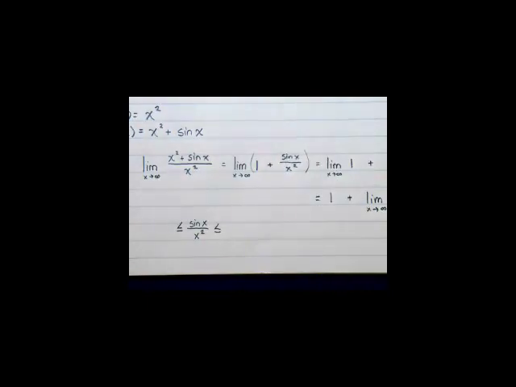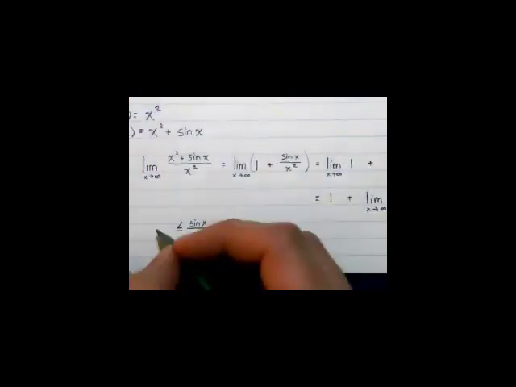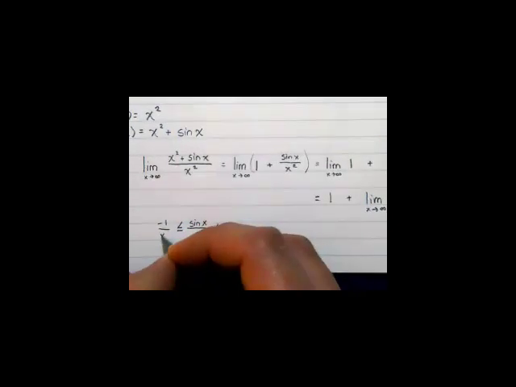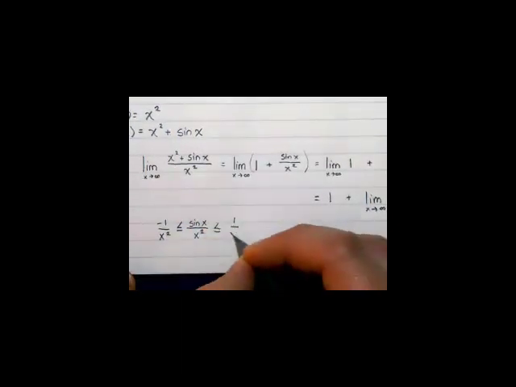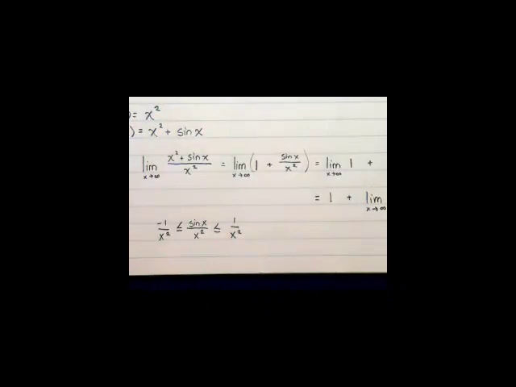Okay, sine x is between -1 and 1. So keep the x squared on all of them, because that's going to be the same. We know it's definitely caught between -1 and 1, so we can sandwich it that way. Okay?